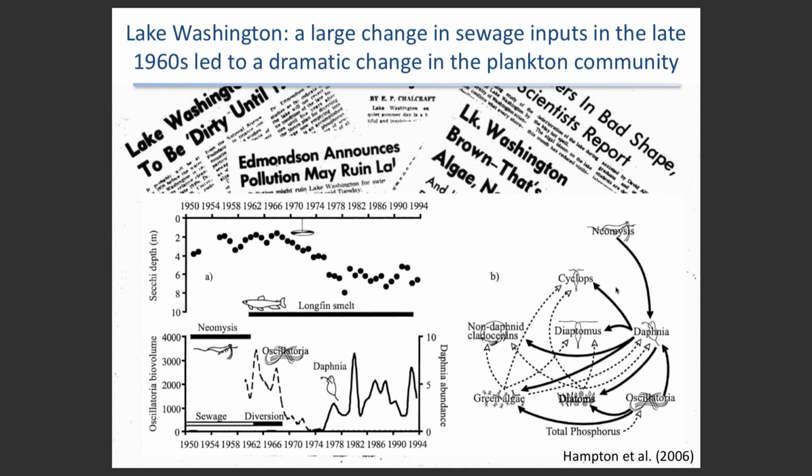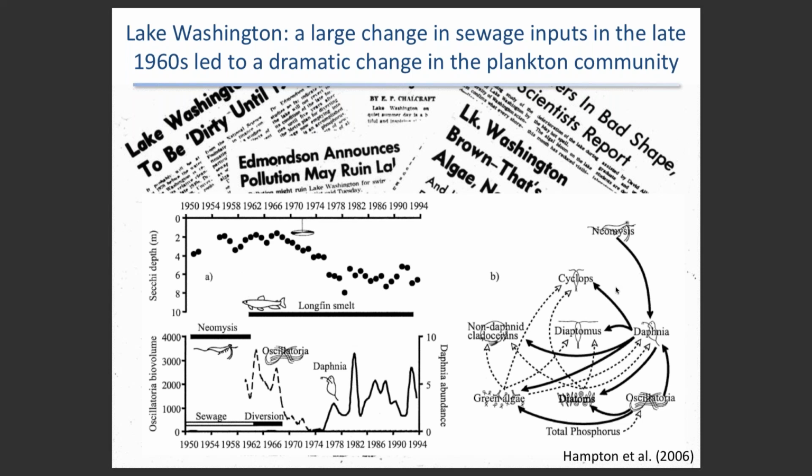One of the most classic applications of MAR models is in studying what happened to Lake Washington. There's a long series of papers on this, and as you know, back in the 50s, all the way up to the early 60s, Lake Washington was really vile because they were dumping raw sewage into it, and surprise, surprise, that had really negative consequences.